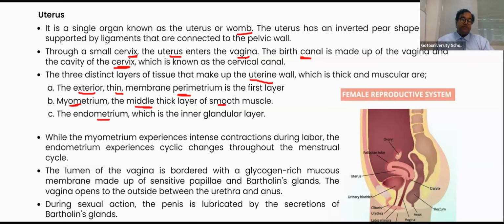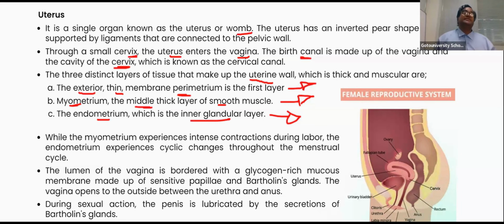The endometrium is rich in glandular layer. The name itself speaks about it having a lot of glands in it. The name itself speaks about it doing contraction and relaxation much more. The name itself denotes it is giving the production function.